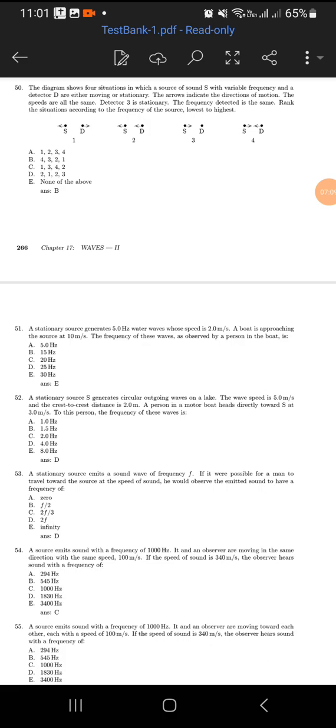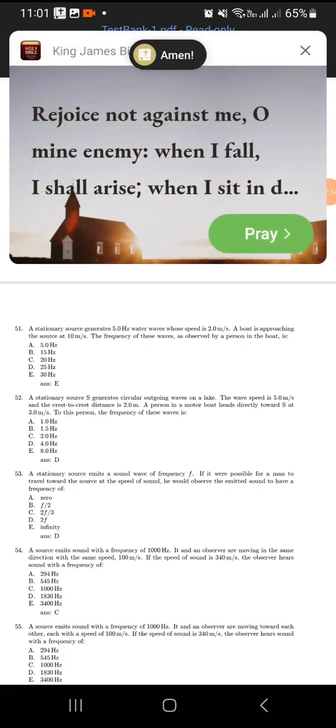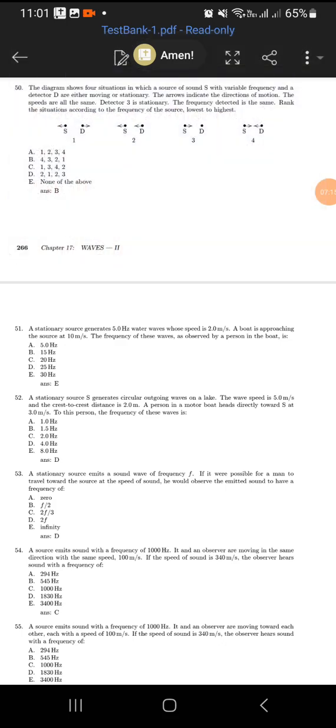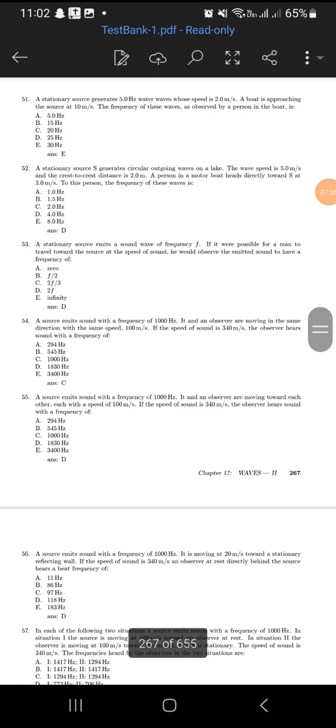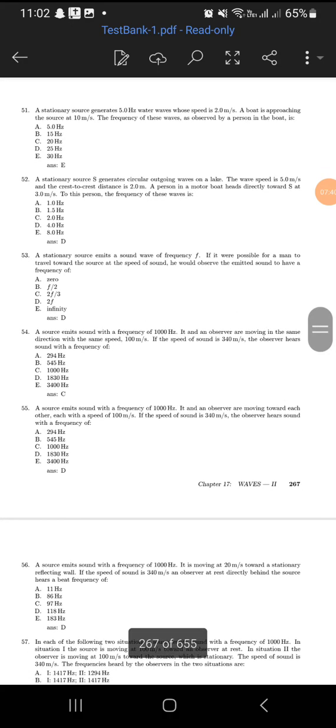The frequency detected is the same, so you should rank the following situations according to the frequency of the source, lowest to highest. So B, we're going to say 4, 3, 2, 1.